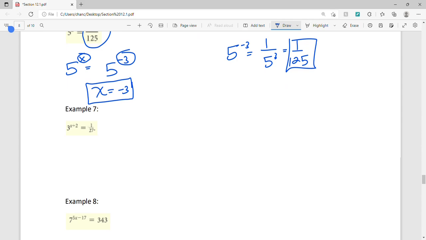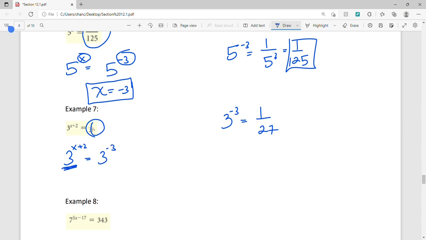In example 7, I want to get the bases the same, so let's choose a base of 3. 3 to what power is going to give us a fraction of 1 over 27? If you check through trial and error, you will realize 3 to the negative 3 is 1 over 27. So I'm going to use an exponent of negative 3 here.